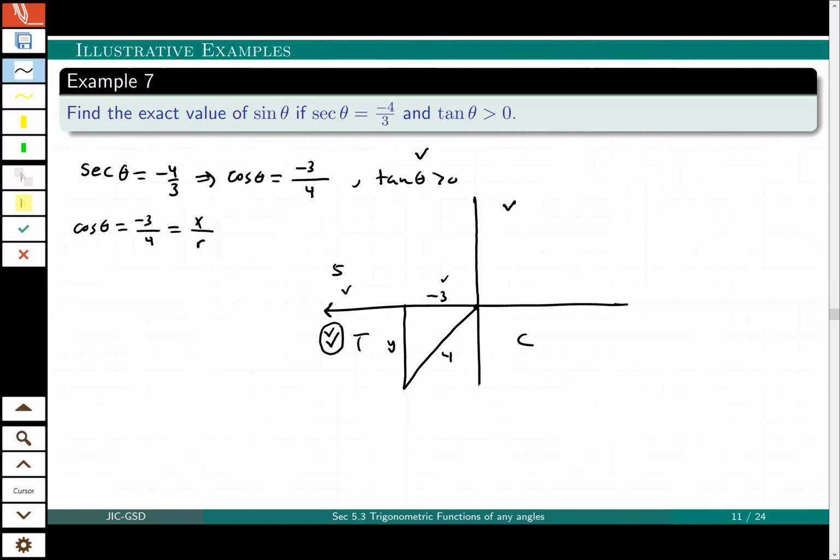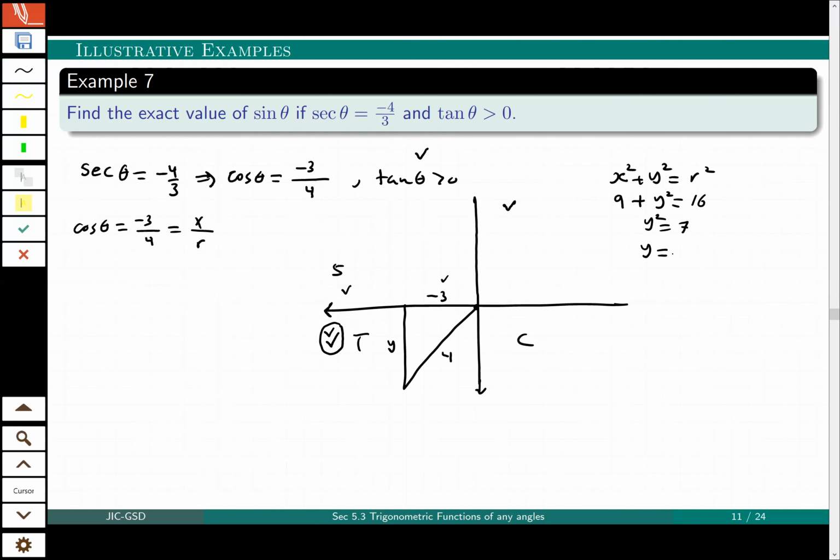Now, this direction for y is what? Negative. So when we apply Pythagorean theorem, x squared plus y squared equal to r squared, x squared is 9 plus y squared, r squared is 16. So y squared is equal to 7.